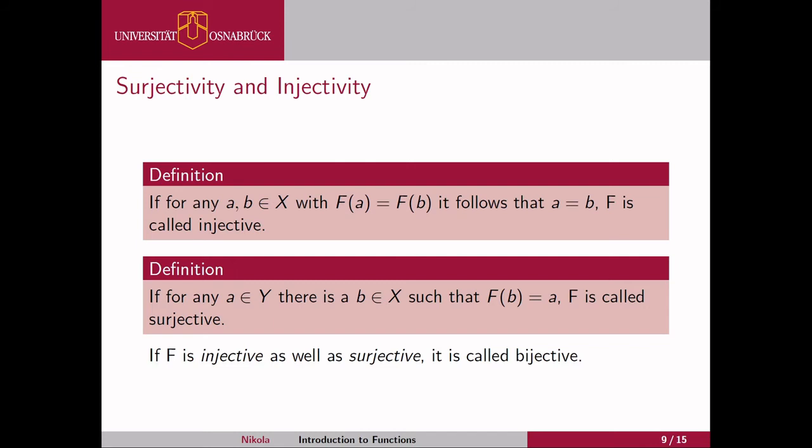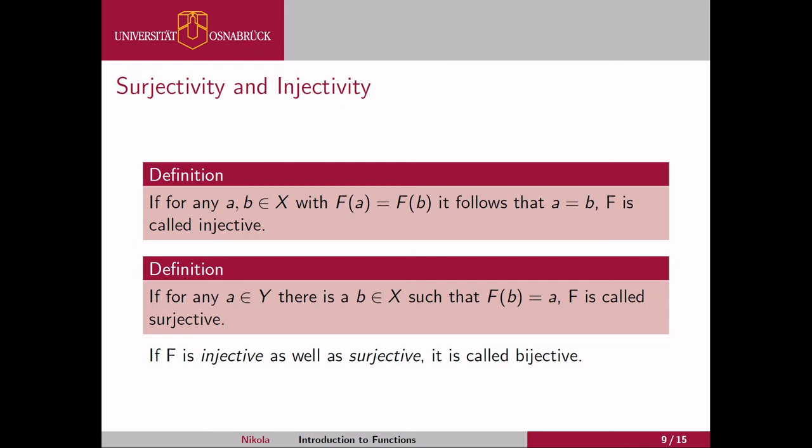The function is called surjective. This means that every single element of the codomain is actually reached. For example, if we're mapping from the real numbers to the real numbers, every single real number is hit in the image of our function.